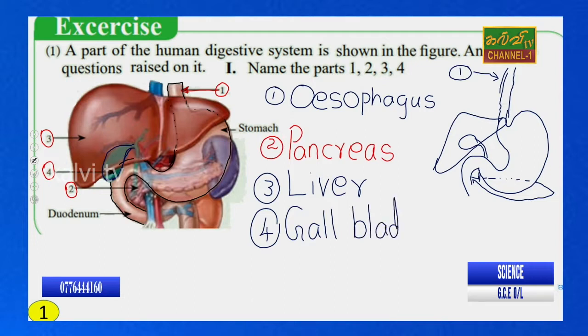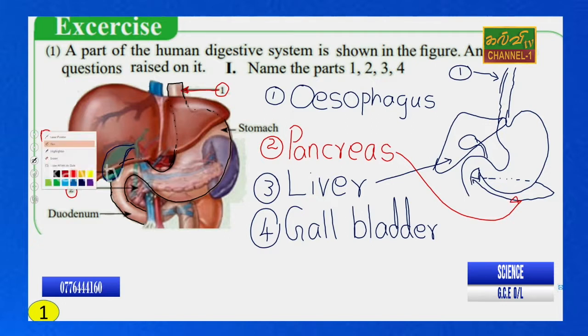Students must be aware of this because they will give it in a black and white picture in your exam paper. So you should be aware of this part. The liver indicates 3, then pancreas indicates 2, gallbladder indicates 4, and 1 is esophagus.